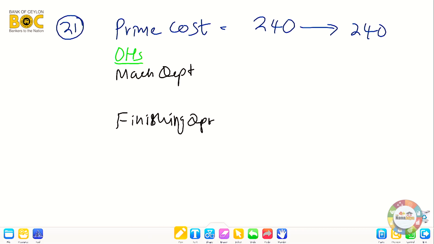240 is the prime cost. In overhead, there are the machinery department and the finishing department.